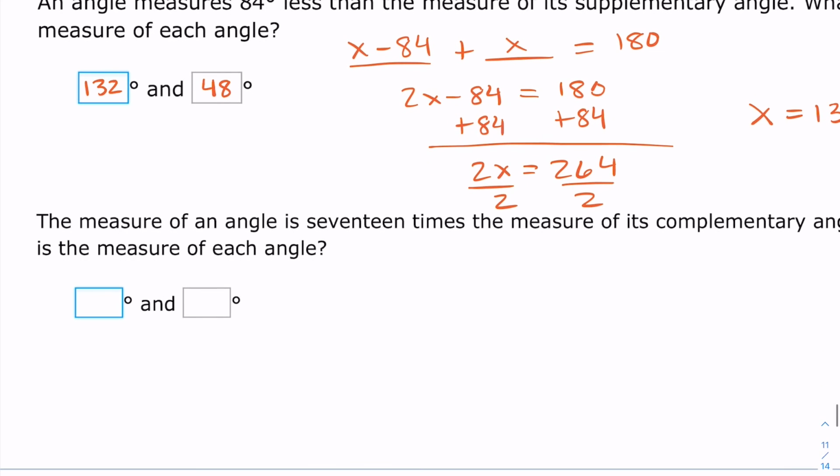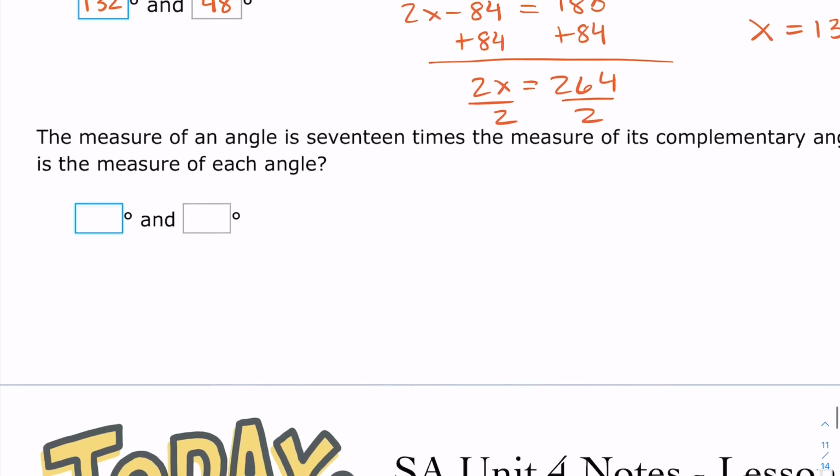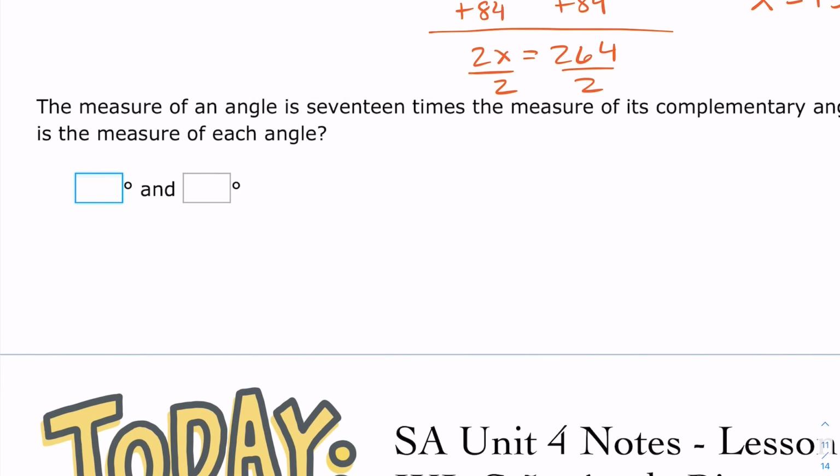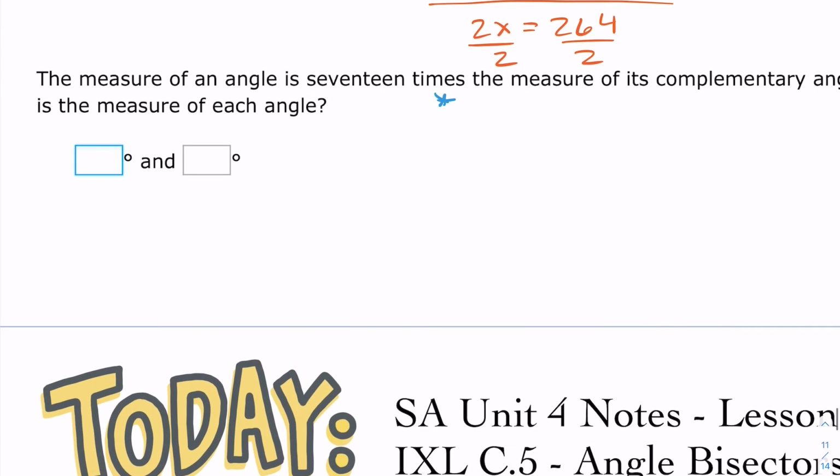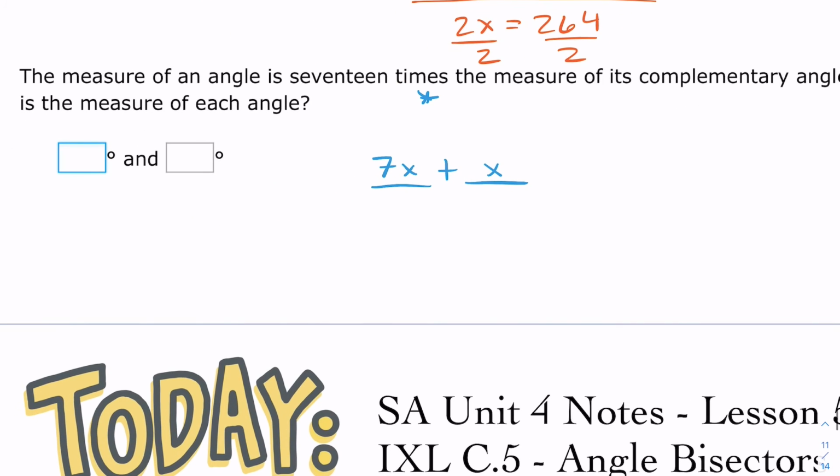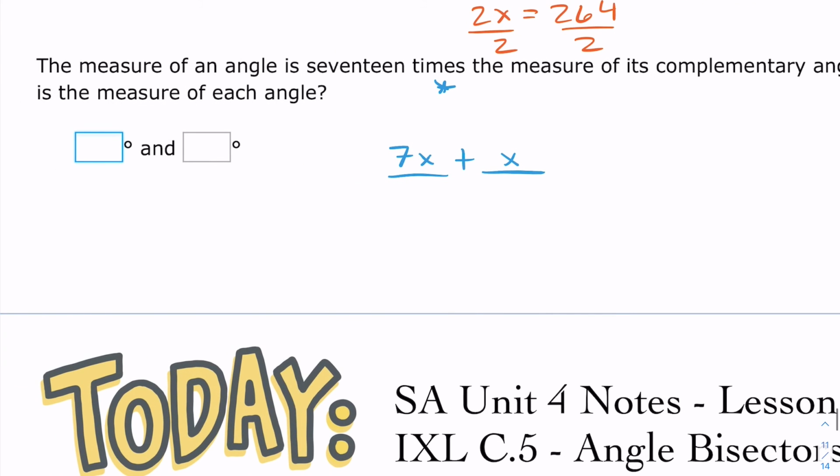All right. Last one. The measure of an angle is 17 times, that's multiplication, the measure of its complementary angle. What is the measure of each angle? So this angle is 17x plus x, because the measure of an angle is 17 times the measure of its complementary angle.